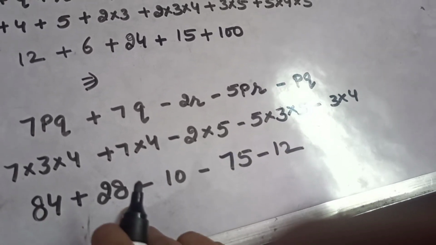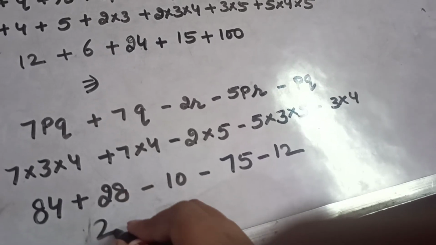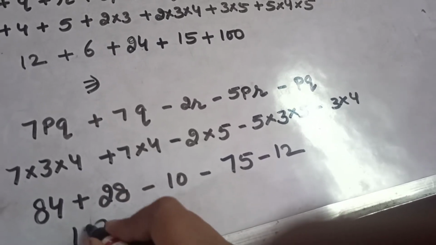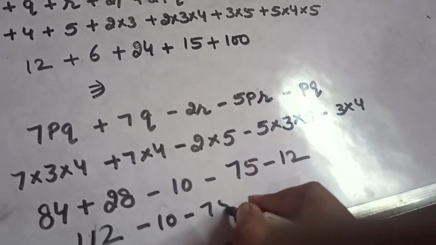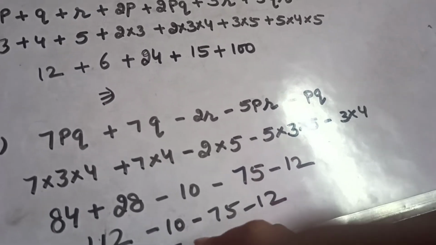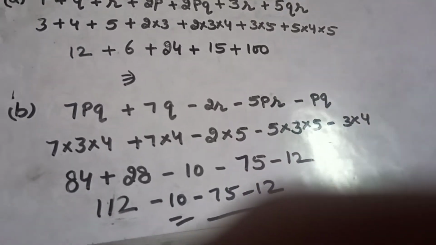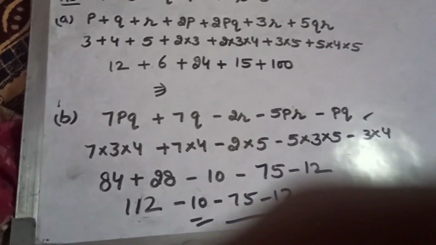Firstly add these: 84 plus 28 is 112, minus 10, minus 75 and minus 12. Now we will solve this and find the value of this expression.